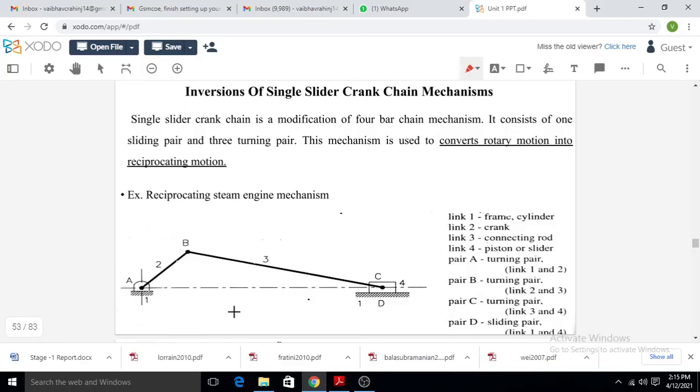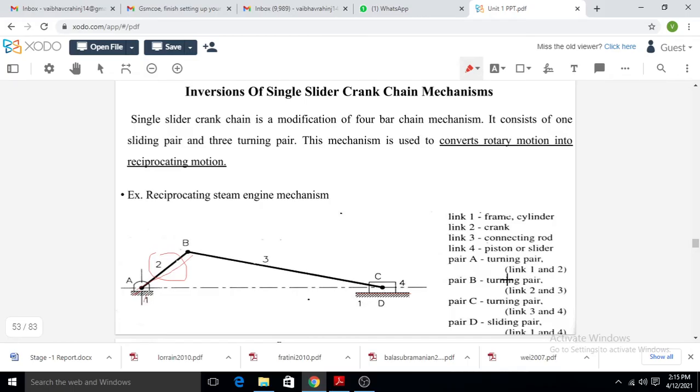Here link 1 is fixed, so this fixed part is called link number 1. Then link AB is called link number 2. Link B to C is called link number 3, and this slider is called link number 4. See here, they have given link 1 as the frame and cylinder.